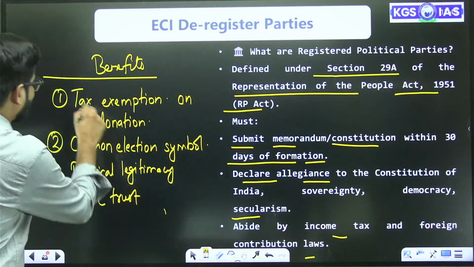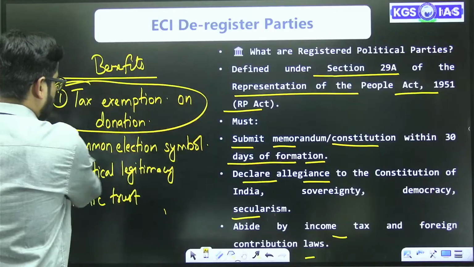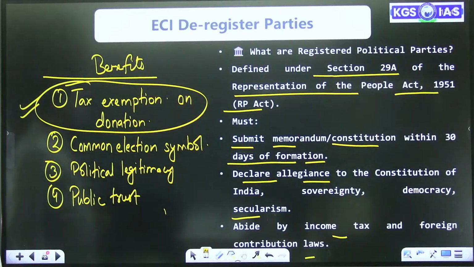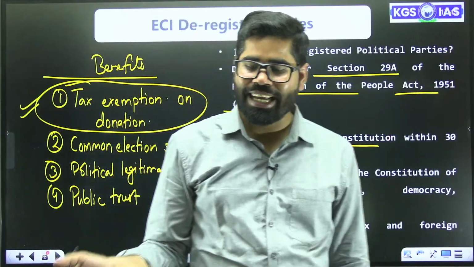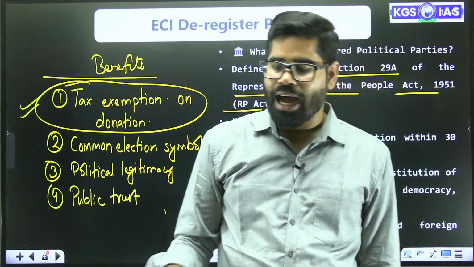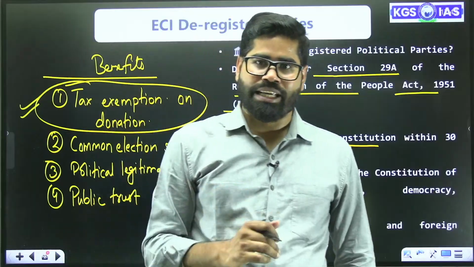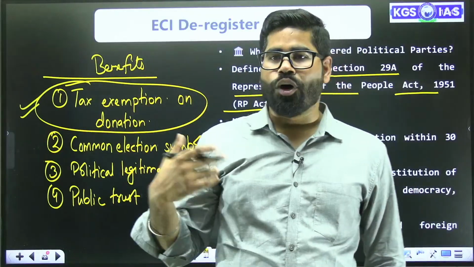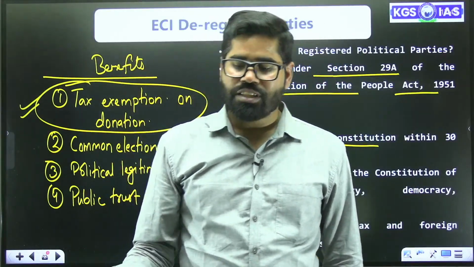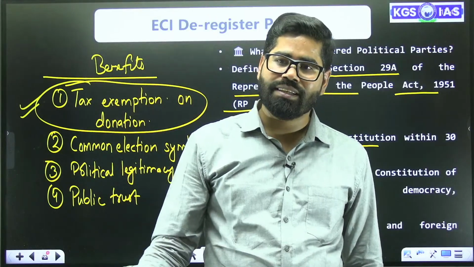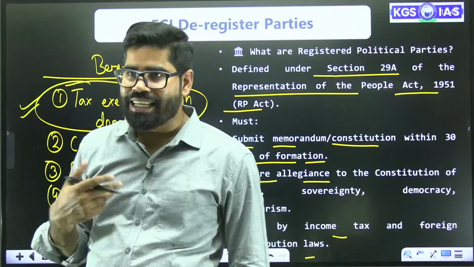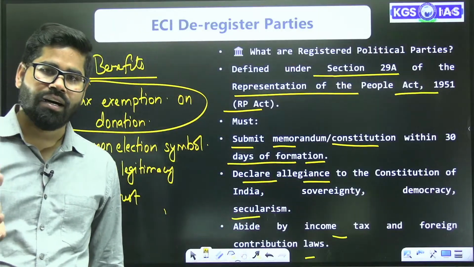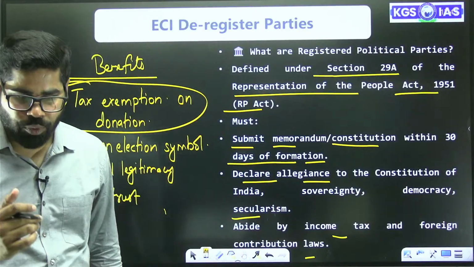So many times people are misusing this provision. They can form a political party and then simply not pay taxes. So this is one part. That's why the Election Commission of India is deregistering some of the unrecognized political parties.